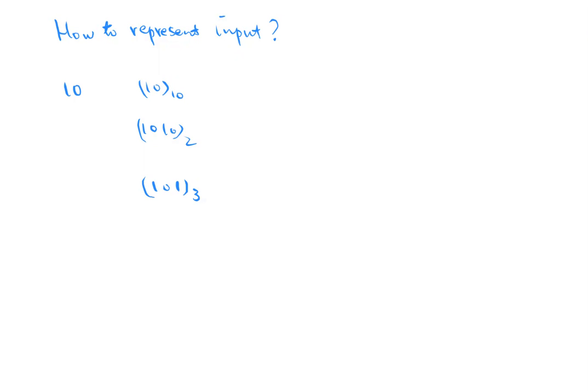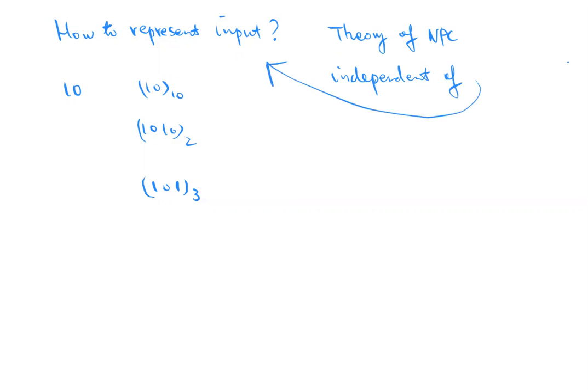So what we want is the theory of NP completeness to be independent of how we represent the input, or the encoding scheme. It does not matter how we encode our input. So the theory will be the same.